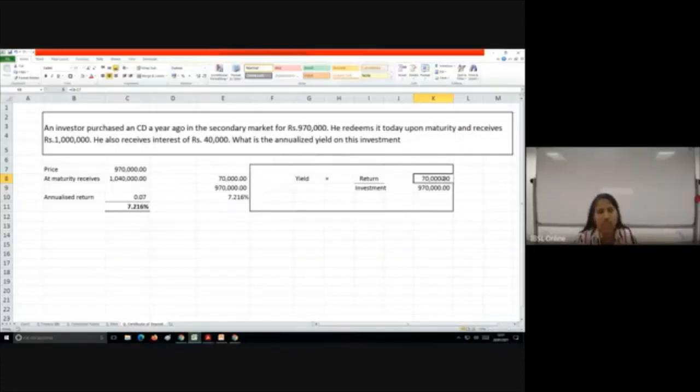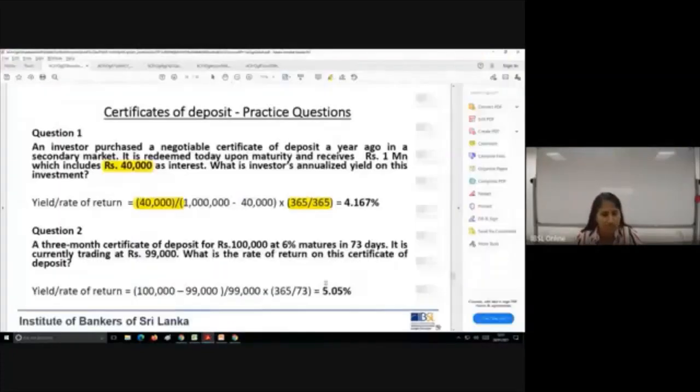We know that this was 1 year ago, so 365 divided by 365 will get you your yield rate at 7.216%. So just a mere division will get you your yield rate. Okay, that's how this works, how you include both the two segments in it.